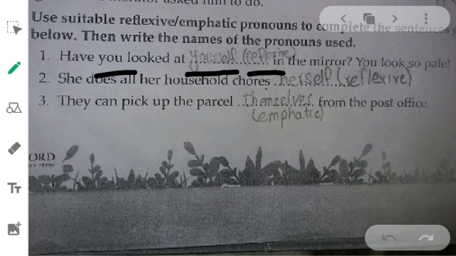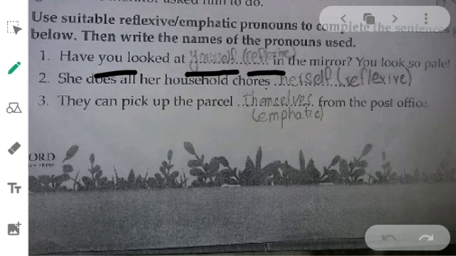In the third sentence you can see they can pick up the parcel themselves from the post office. So there was no need to use a reflexive pronoun over here. Or in other words, it gives us complete sense without using themselves. For example, they can pick up the parcel from the post office.